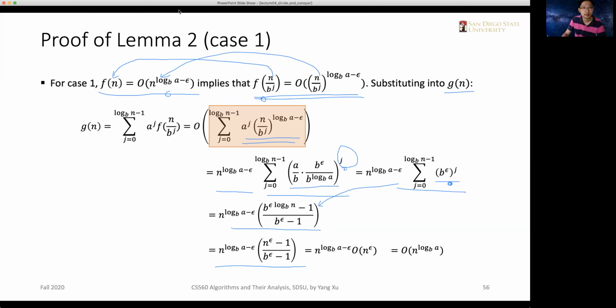It's quite easy actually from the condition here to here. We simply replace each term in the summation with its upper bound, and we naturally get a form of a geometric series. So that's case 1.